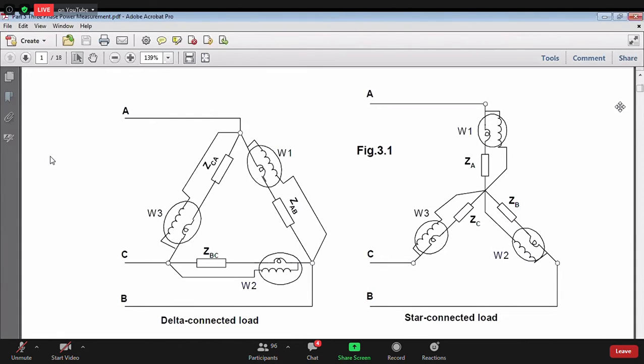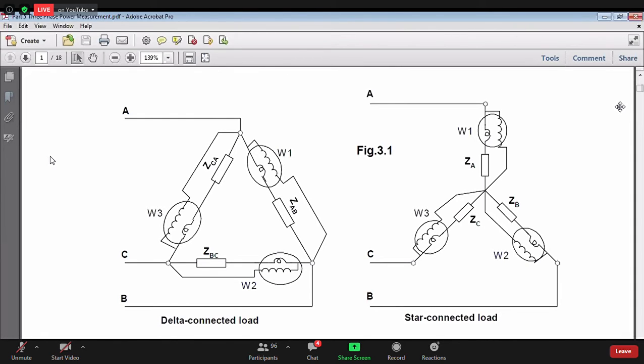Similarly, look at W2. It is connected the same way. The potential coil is measuring the phase voltage, and the current coil is measuring the current of B phase. Look at W3. It's the same. The potential coil is measuring the C phase voltage, and the current coil is measuring the C phase current.